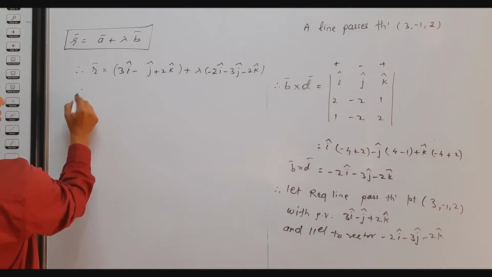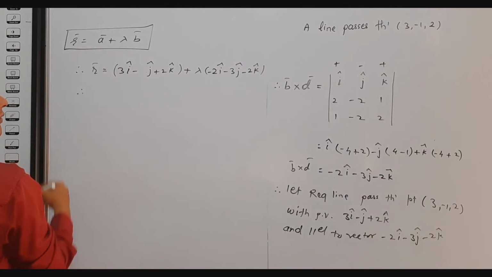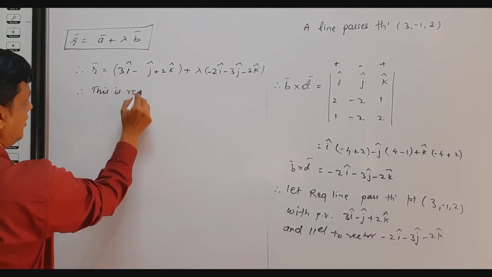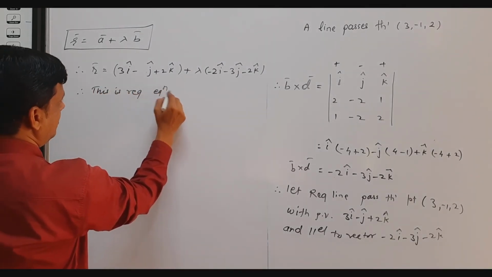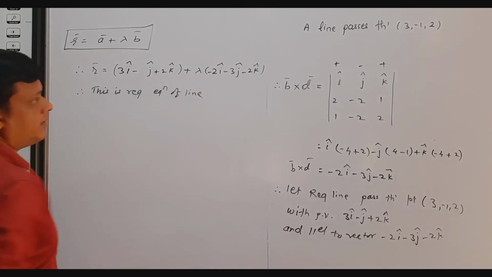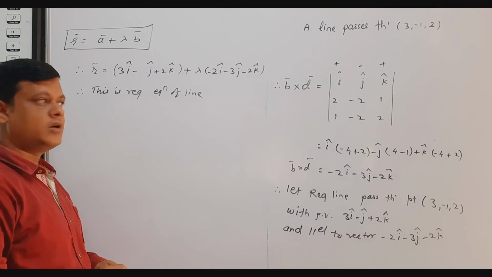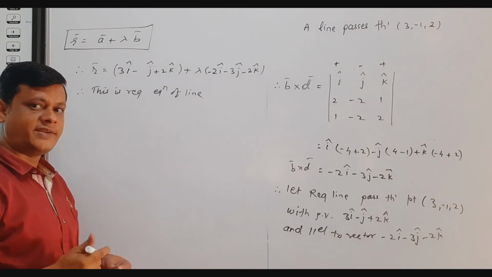So this is the required equation of the line. Therefore this is the required equation of the line passing through the point 3, -1, 2 and perpendicular to the given two lines.